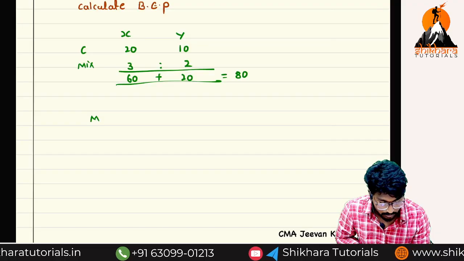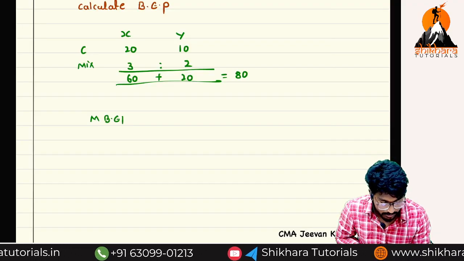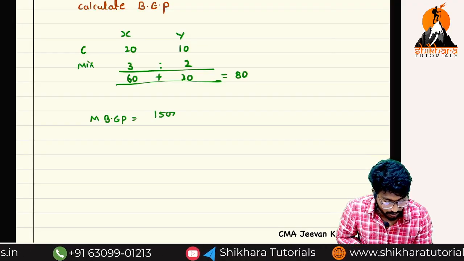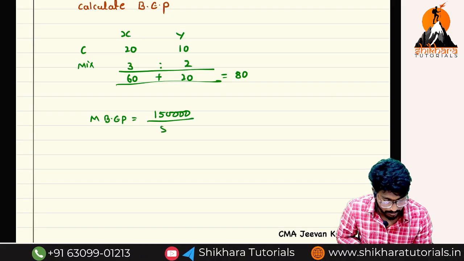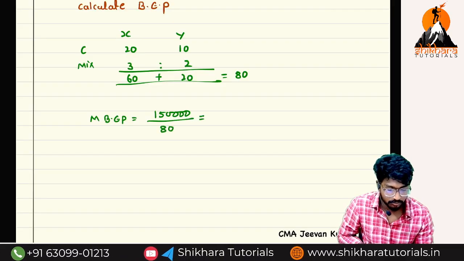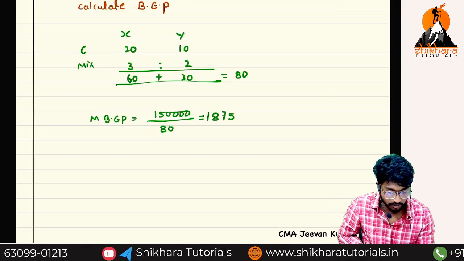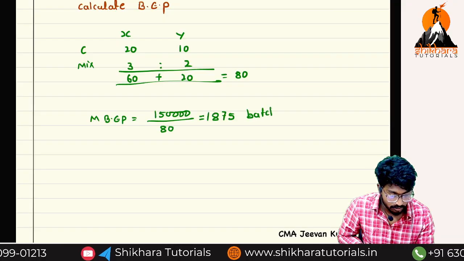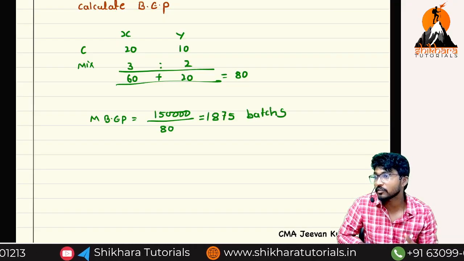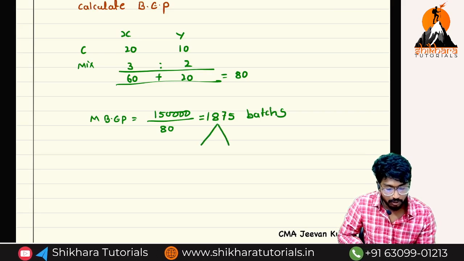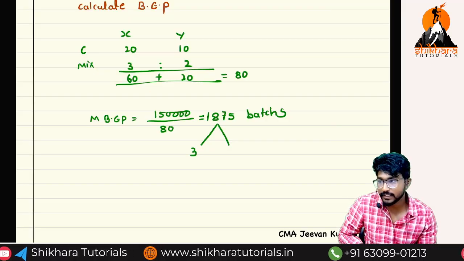Now MBEP is equal to fixed cost 1,50,000 divided by 80, which is 1875 batches, not products. One batch consists of how many units of X? 3 units.